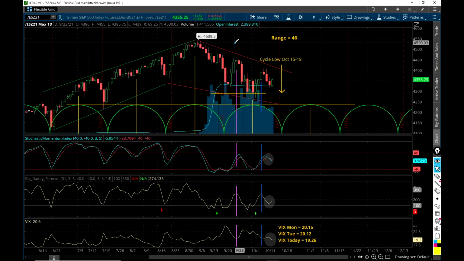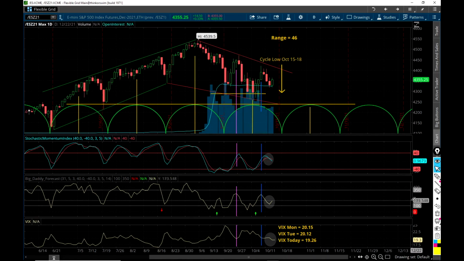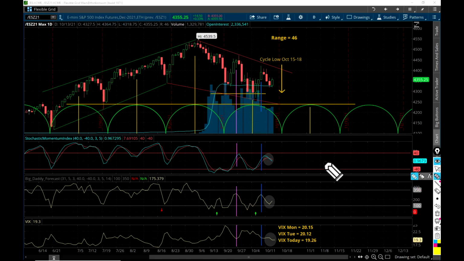If you want to know the difference between those two contracts as far as margin requirements go, there you go. So that's why some people will trade the E-micros instead of the E-minis, okay? I trade both.